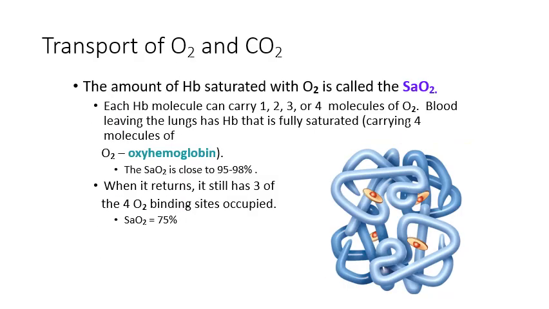All right, so quick look at the hemoglobin molecule just to remind you what it looks like. I mentioned a really large protein here with 4 polypeptide subunits that are all bound together. Each one of those subunits is going to contain a heme group, and each one of those is going to be able to bind to an oxygen.